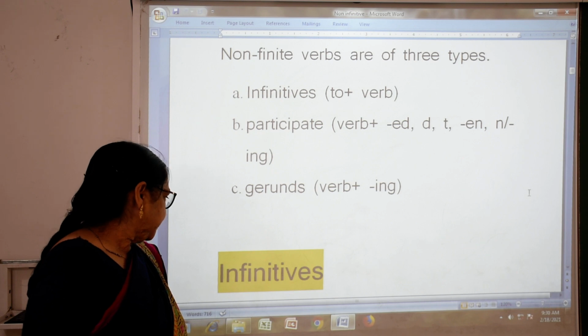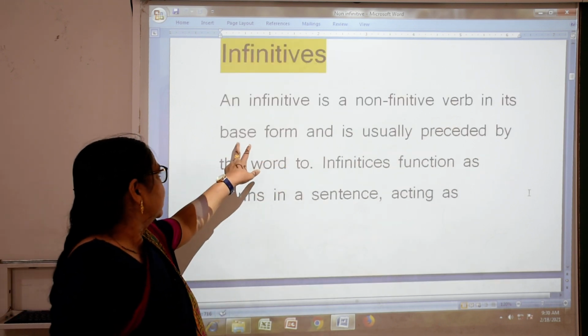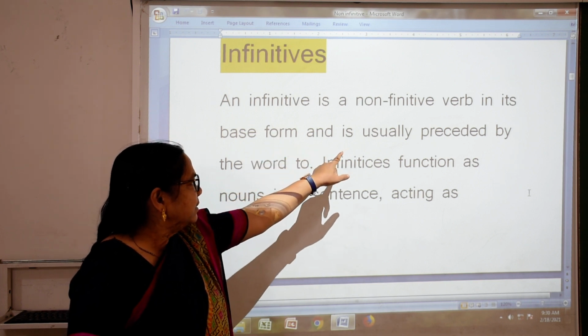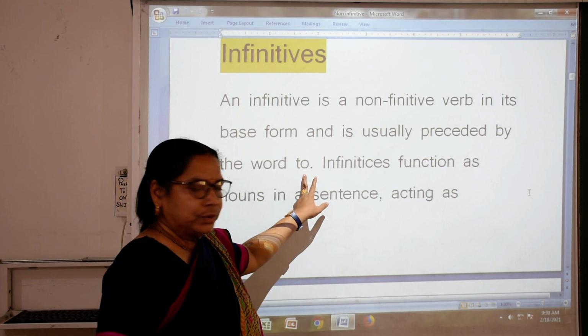Now, the infinitive. An infinitive is a non-finite verb in its base form and is usually preceded by the word "to".